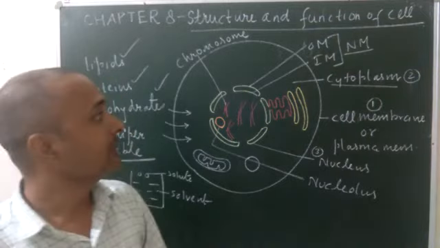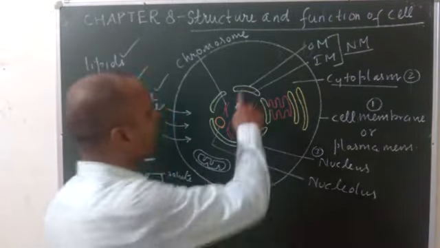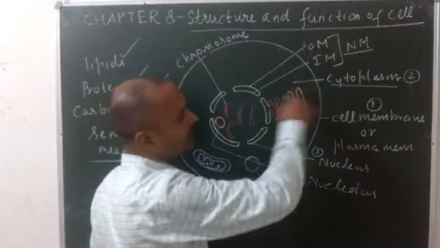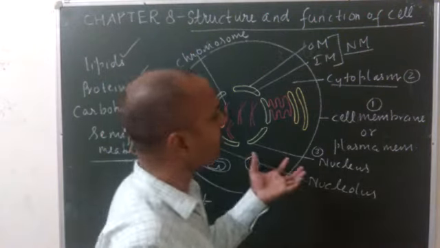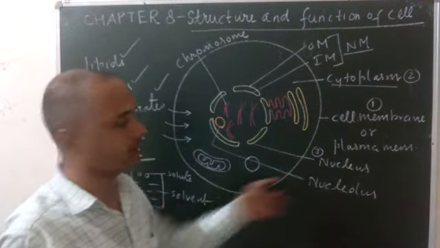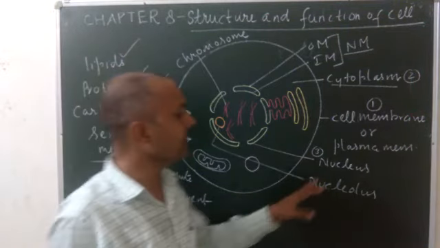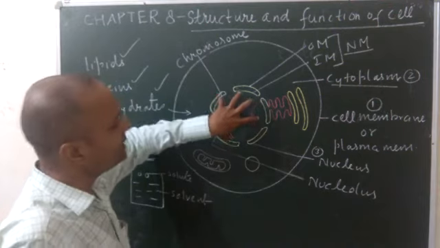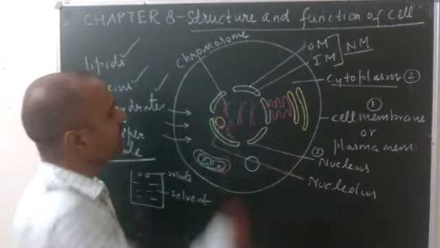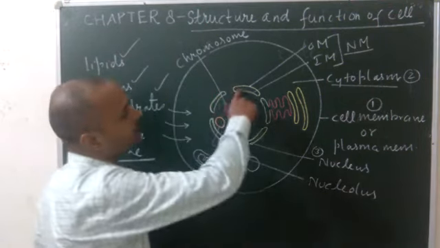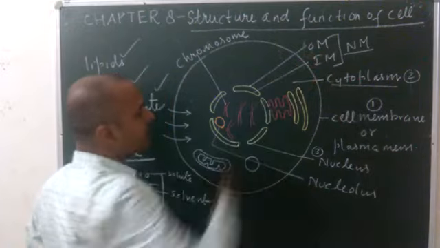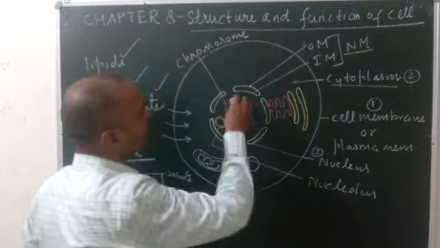It is the fluid present between the nucleus and cell membrane. This cytoplasm contains various cell organelles. Next part is the nucleus. It is a spherical structure inside the cell that is surrounded by the nuclear membrane. The fluid of the nucleus is known as nucleoplasm.